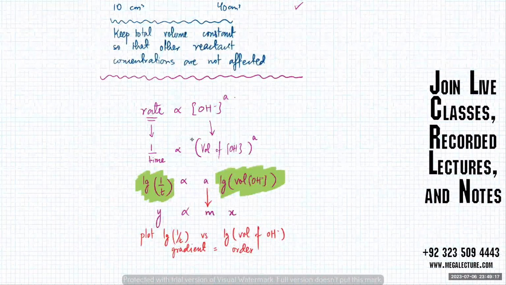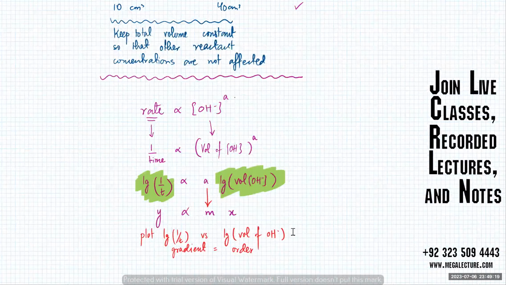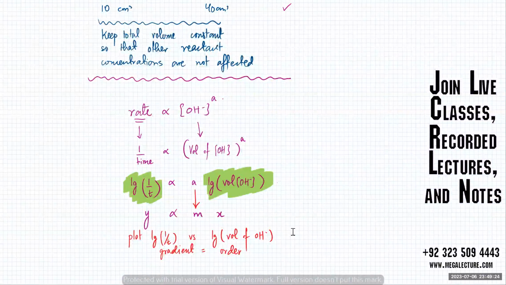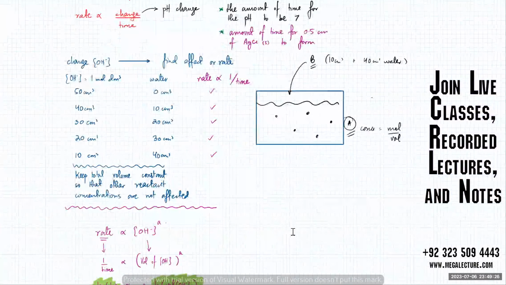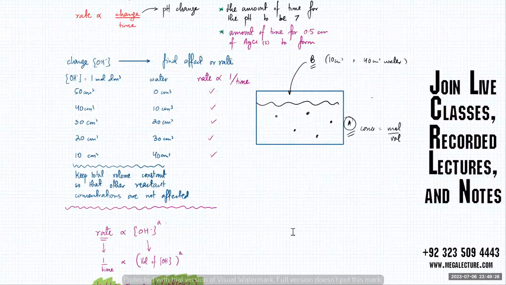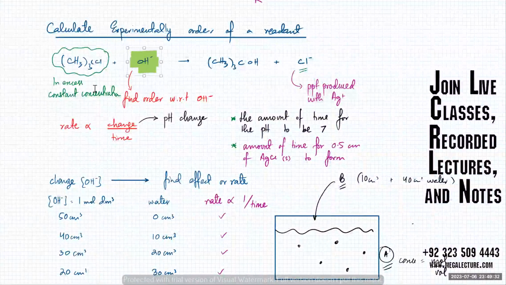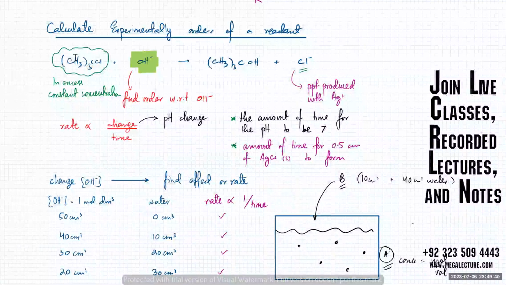Okay, so is this part clear? Yep, it's clear. Okay, so I'm just going to quickly summarize this. The first thing was I wanted to investigate the order with respect to OH and I wanted to keep this constant, so I added that one in excess. Like if this is 0.01 mole per dm cube, then keep this as let's say 1 mole per dm cube.